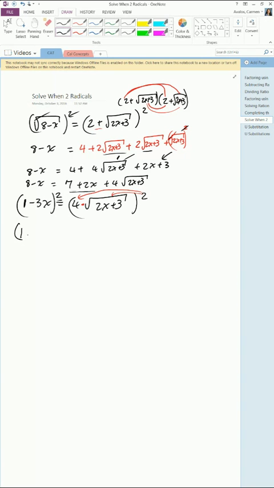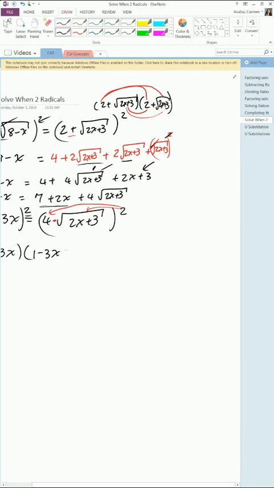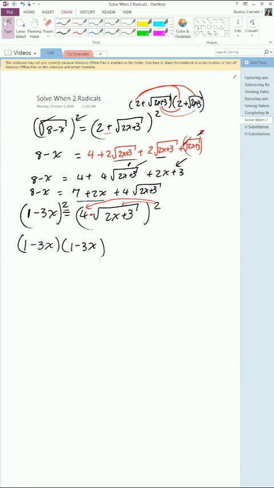And so we do 1 minus 3x times 1 minus 3x. And so we have that, sorry for the moving around, equals to this one here is going to be 16, and then the square to this, that means it's going to cancel, and we get 2x plus 3.